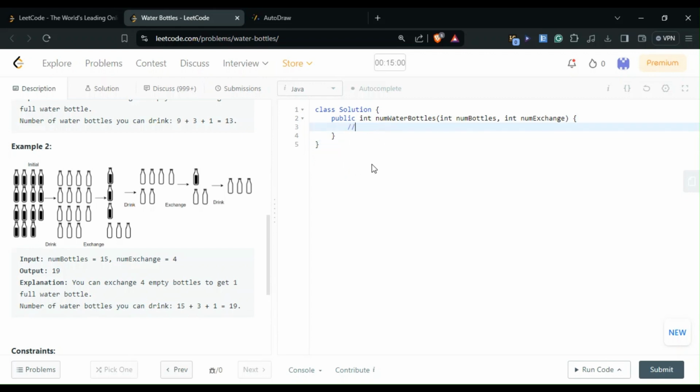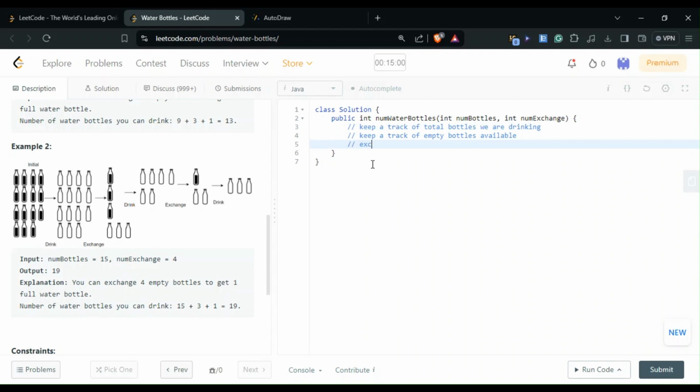Basically, we'll need to keep track of the total bottles we are drinking, and we will also need to keep track of the empty bottles available.